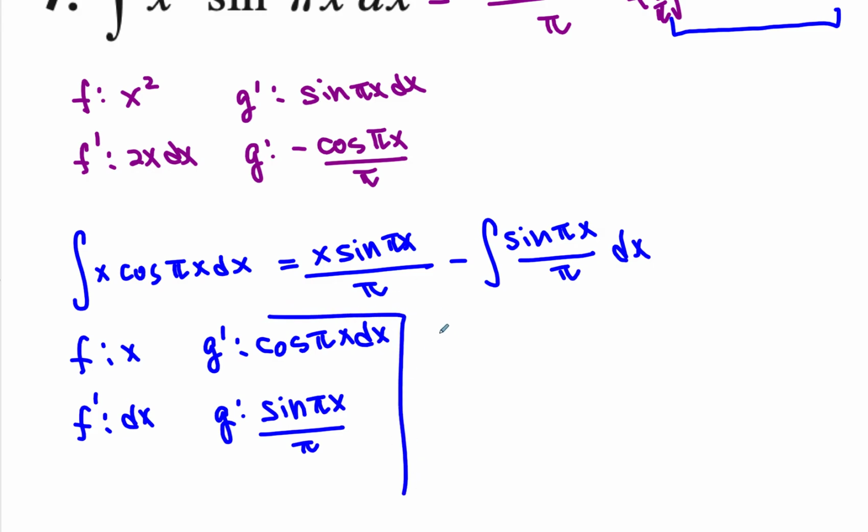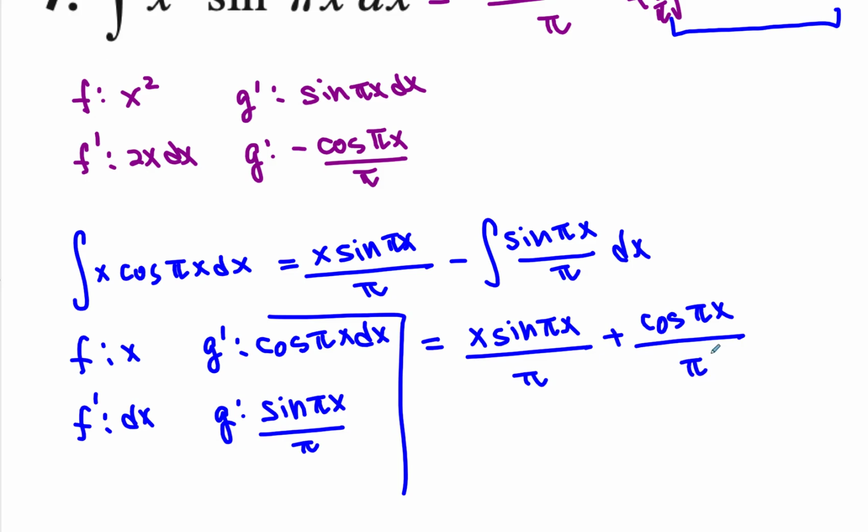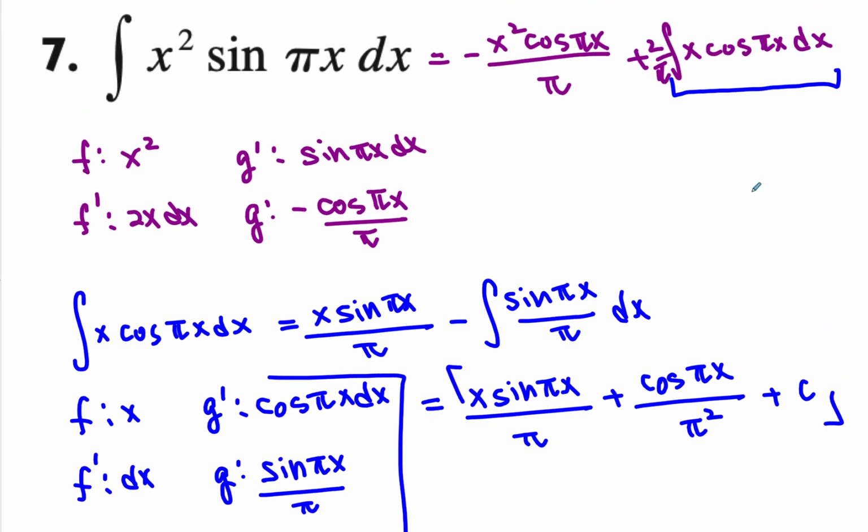But you can see that this one should be equal to, I'm going to write down the first one as it is, x sine of pi x over pi, and then the negative sign is the derivative of the cosine, so we can say plus cosine of pi x over, it has to be pi squared by the chain rule, and then plus c. Then this expression that I have has to be substituted in for this place.